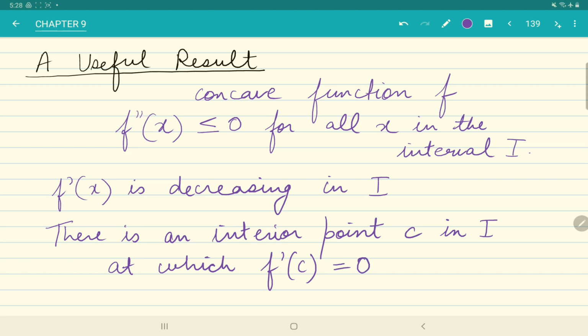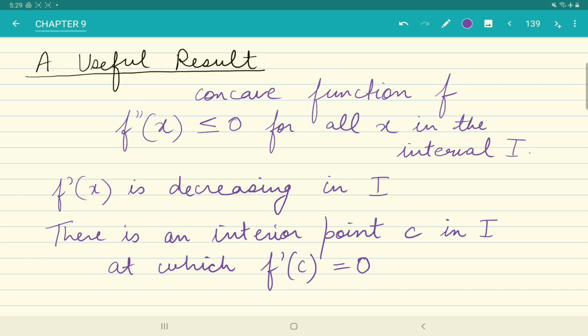I know that f prime is decreasing in I. That means to the left of C, f prime x must be greater than or equal to 0, precisely because I know that f prime is decreasing in I.